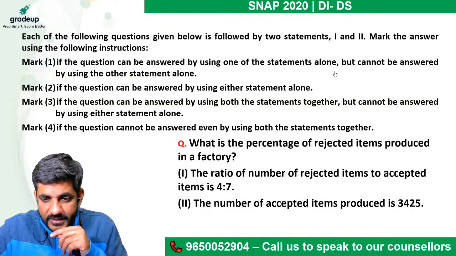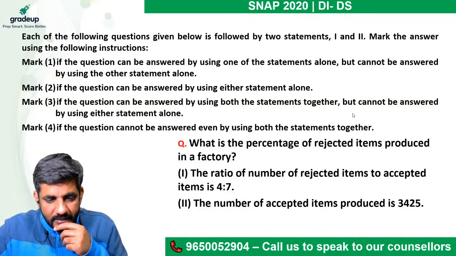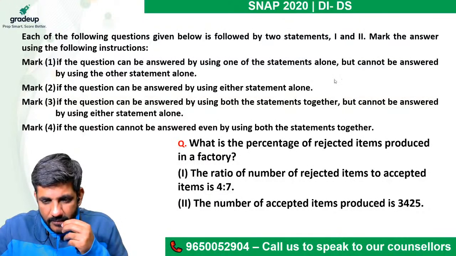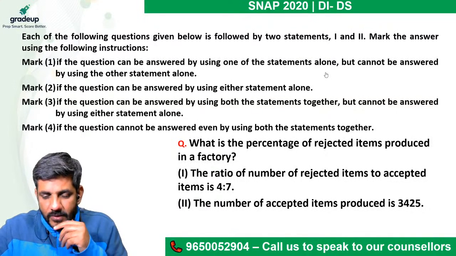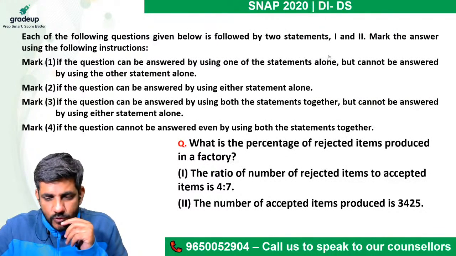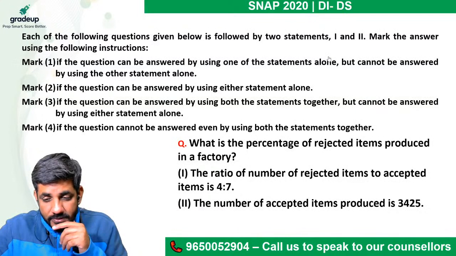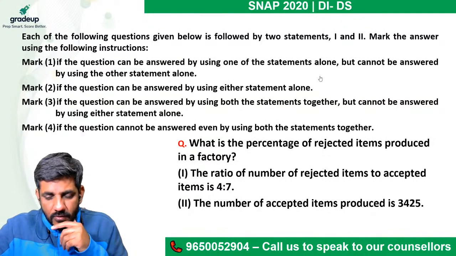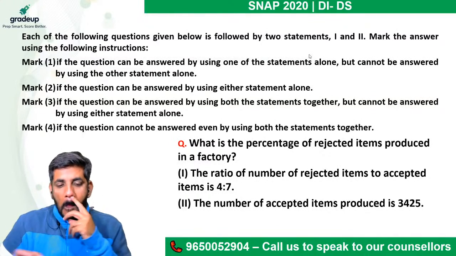Nitish says B, Rishi says B, Shubham says 3, that is the third option. Amisha is saying 3. So 2 people are saying B, that is the second option, and 2 people are saying the third option.